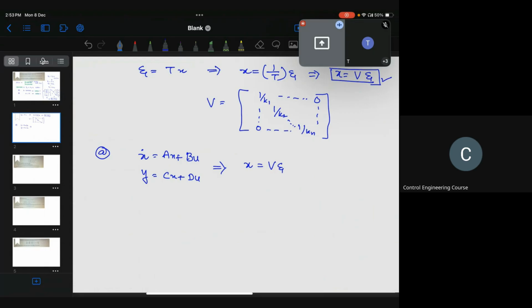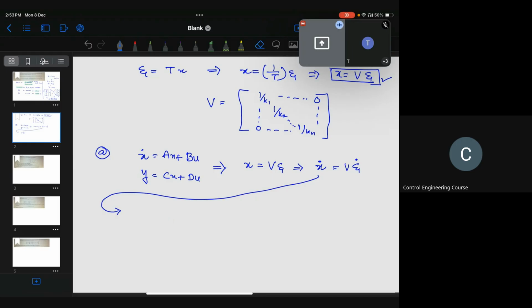But here we are looking for x dot, which equals V zeta dot, because V is a constant matrix. So how can we write V zeta dot?